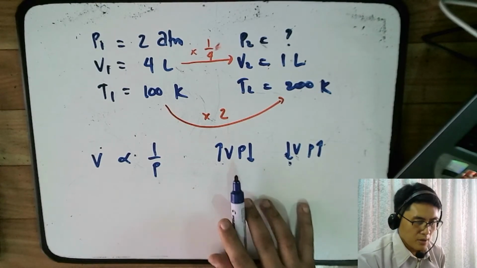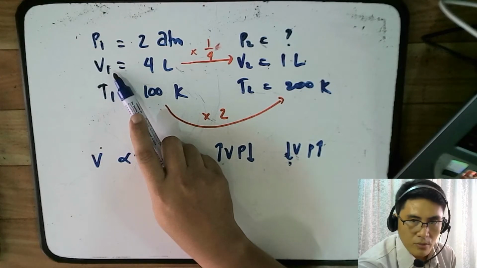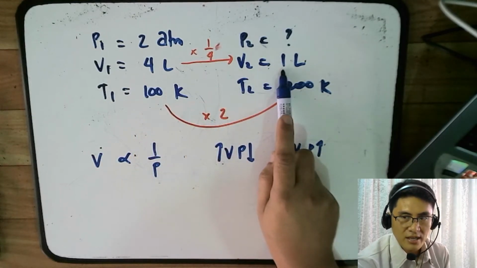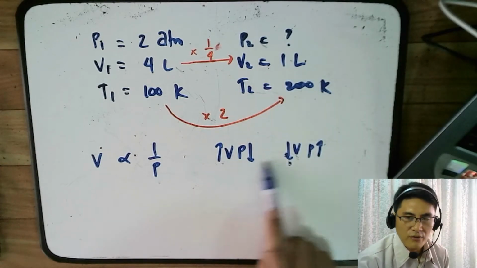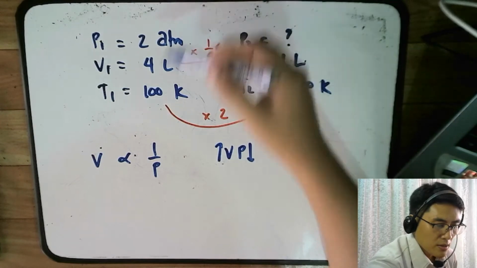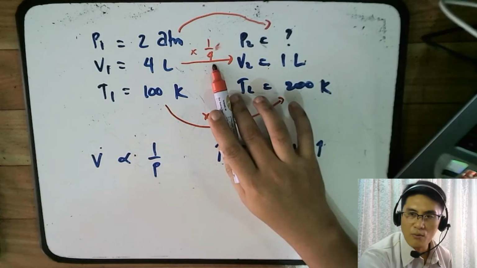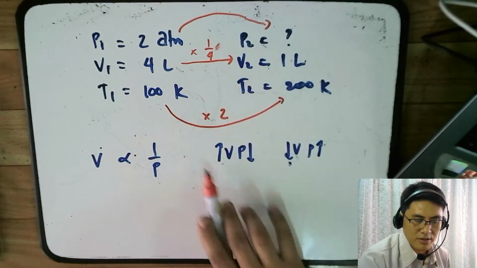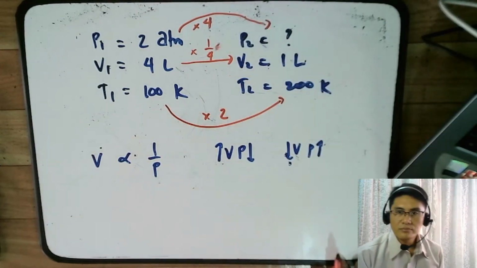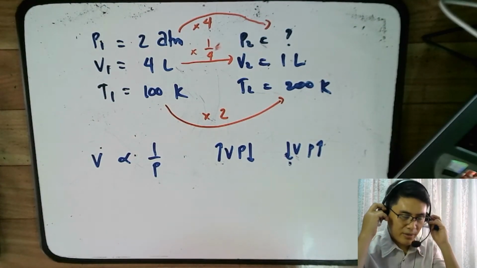So if the volume was multiplied by 1/4 to get to the final state, then because this is inverse, the pressure will be multiplied by, instead of 1/4, remember, inverse, it will be multiplied by 4. Let me repeat that again.